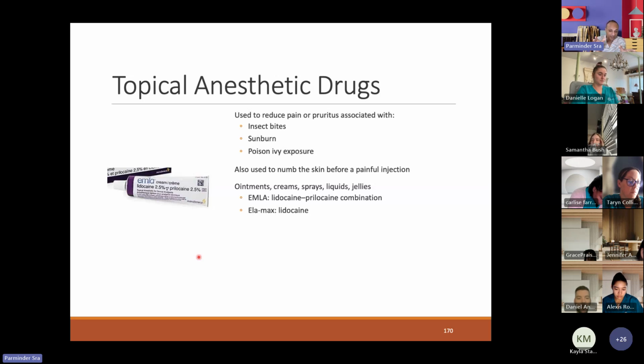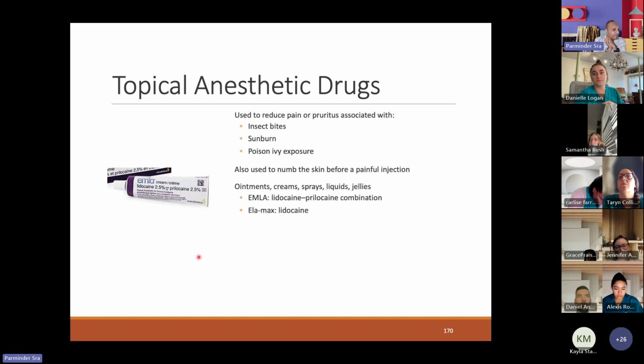If you ever come across a patient on dialysis, those catheters are large. They're really big, and they hurt. So they apply this cream so that they can numb the area before they insert the catheter.